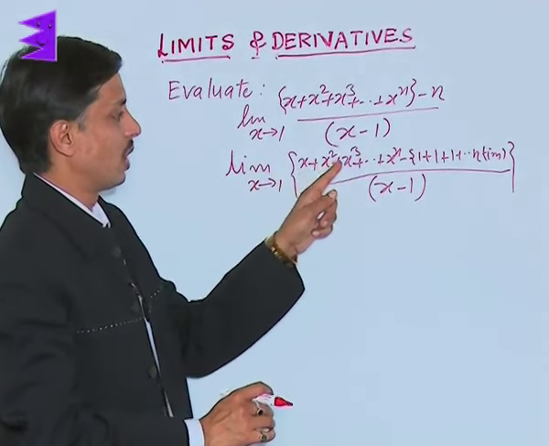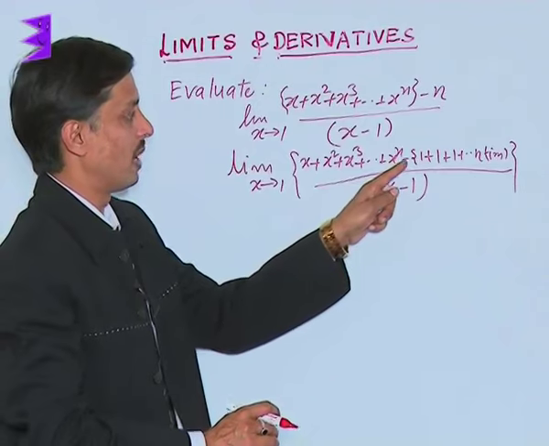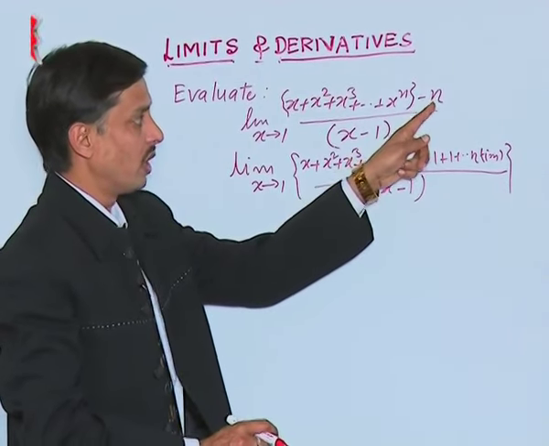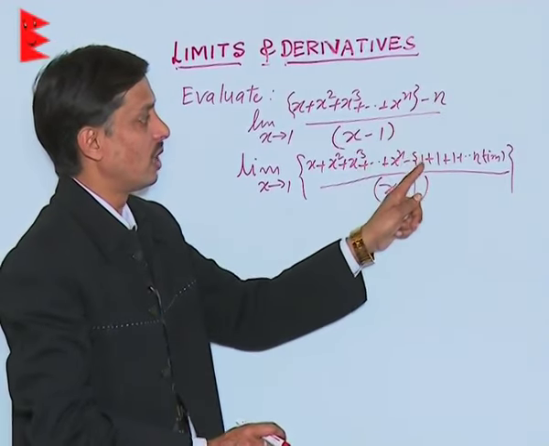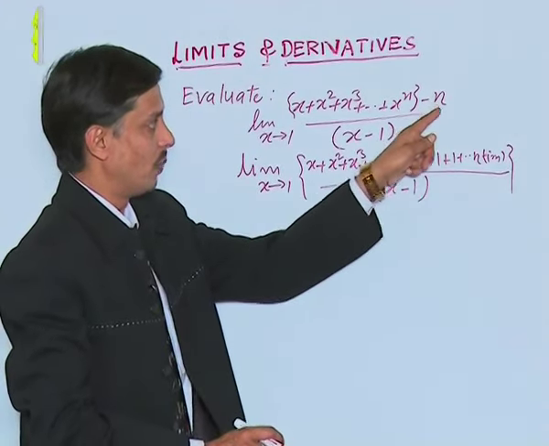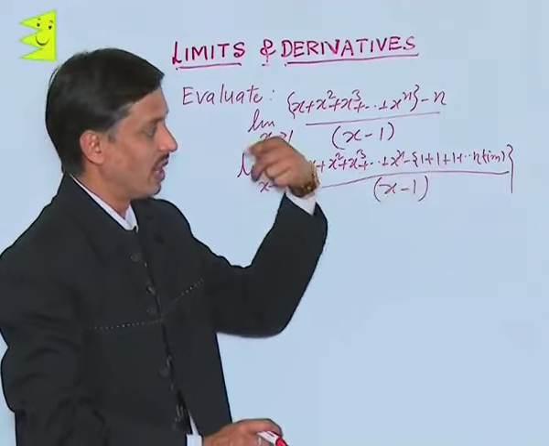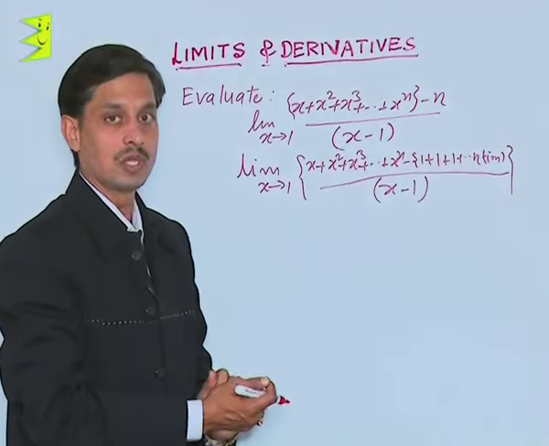x plus x square plus x cube plus x raised to the power n minus, because you know if it is 2 we can write 1 plus 1. If there is 3 we can write 1 plus 1 plus 1. If it is n, then 1 is repeated how many times? n times.